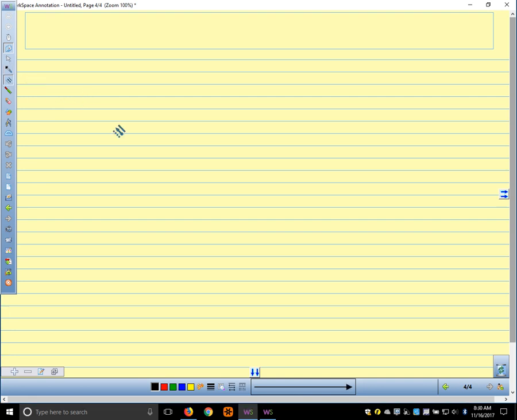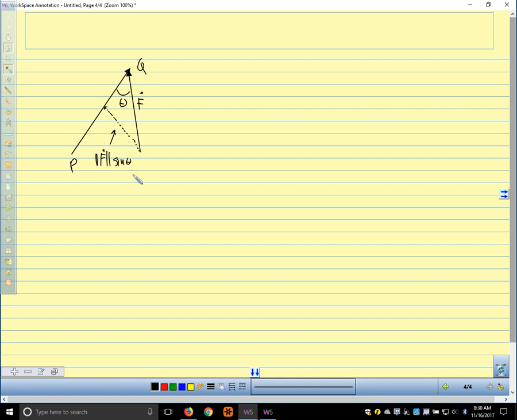If this is PQ, and this is F, and this is theta, this component is the magnitude of F sine theta. This is a 90-degree angle.